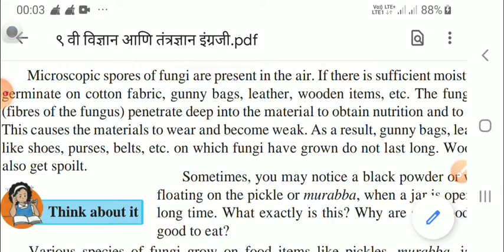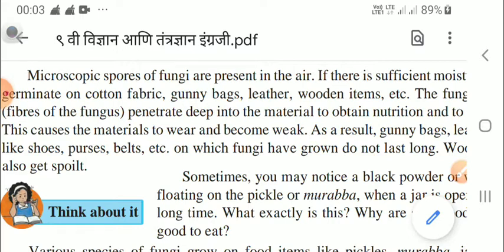Now, sometimes you might have seen that a black colored powder or a white disc is floating on the pickle or murabba, when you are opening the jar of this substance. If such food items have developed a black colored powder or a white disc-like structure, you don't eat them because these items become poisonous.